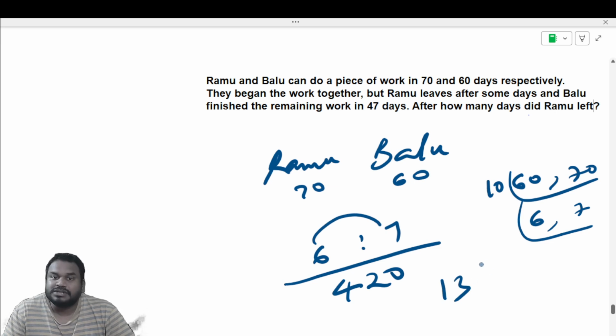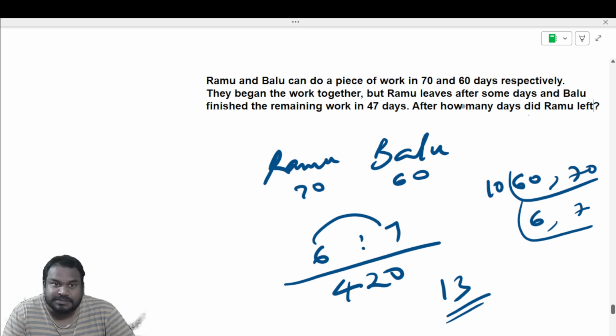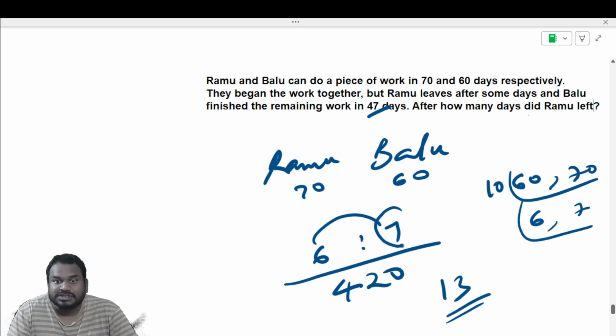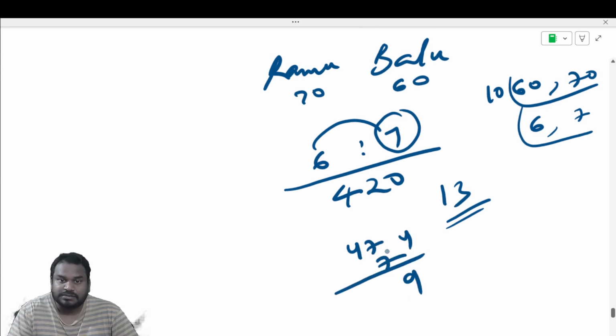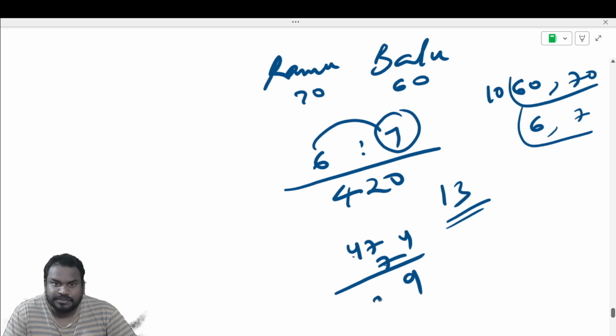So with 13 efficiency, keep it aside. See what it is saying: Ramu leaves after some days and Balu finishes the remaining work in 47 days. So in 47 days Balu finished means 47 into Balu's efficiency 7, that is 329. This amount of work is done by Balu alone after Ramu left.